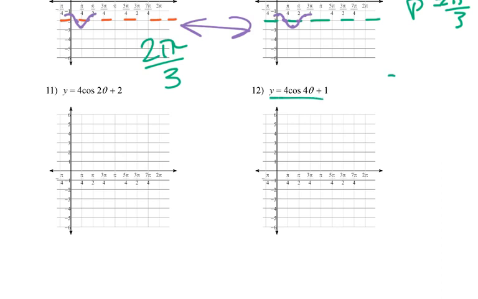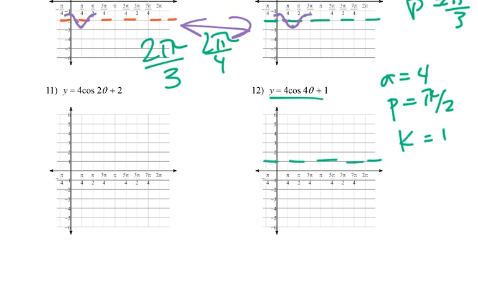Number 12, amplitude of 4, period of 2 pi divided by 4, which is pi halves, and midline of 1. So we busted up 1. Then we go 4 above the midline, up to 5 to start. That's also where we end at pi halves.